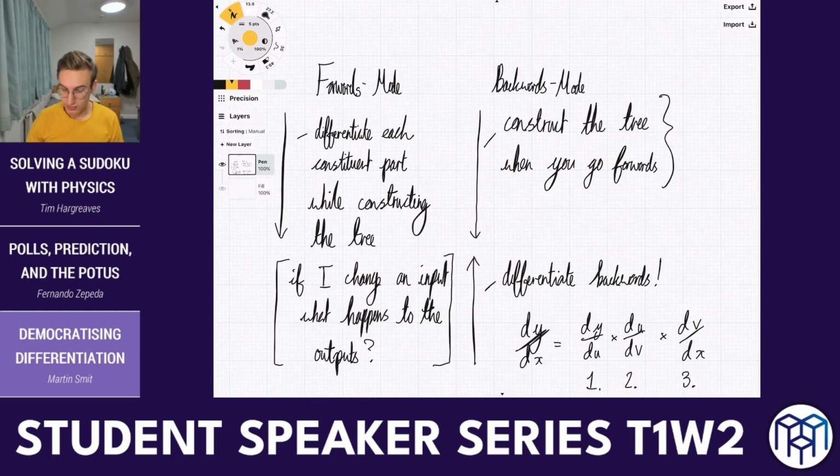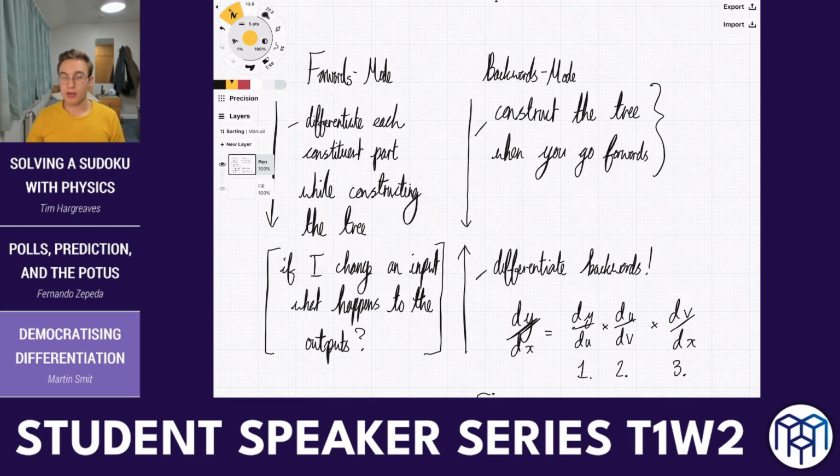So backwards mode, you might be thinking, well, okay, when do we use backwards mode? When do we use forwards mode? And if you're a mathematician, you might already have taken the hint from when I described the Jacobian.